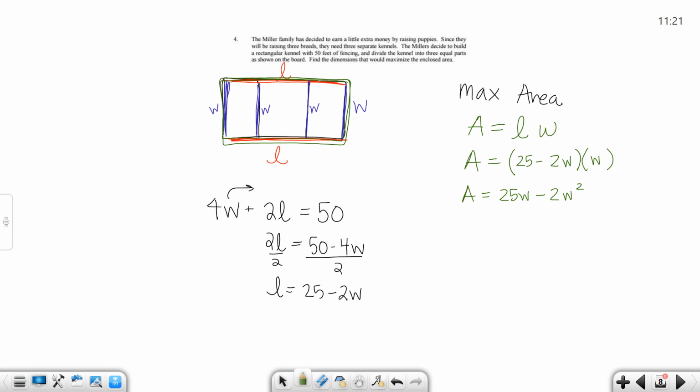What you're going to do with this formula is take the derivative of it and then set it to 0. So the derivative of this formula is 25 minus 4W. We're going to set that function equal to 0.